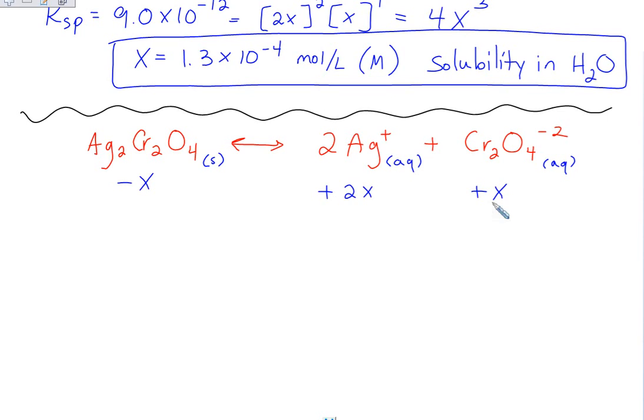We didn't have any silver or any dichromate. Here's what's called the common ion effect. By dissolving this silver dichromate in a solution of silver nitrate, we have a common ion. They both contain silver. The nitrate is a spectator. There is no nitrate anywhere in this expression, but we do have silver.